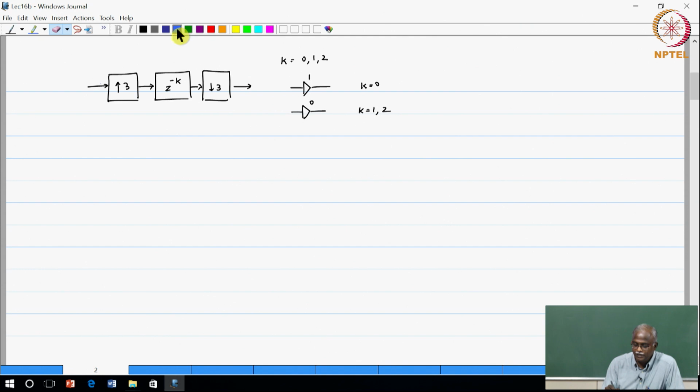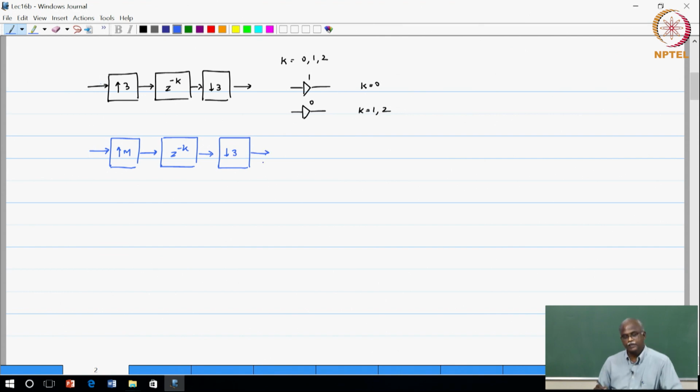So the general extension of this result is actually a very important result in multi-rate. If this is upsampling by m, and this is z minus k, and this is downsampling by a factor of m, and I am not specifying that k has to be equal to 0 to m minus 1, in the general case, what is this equal to?